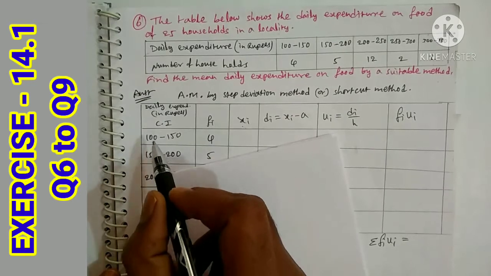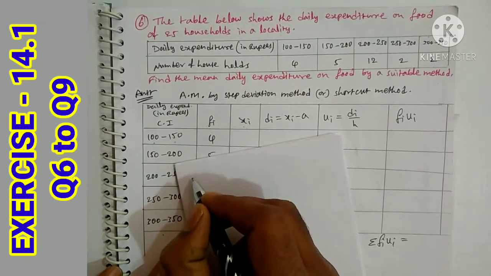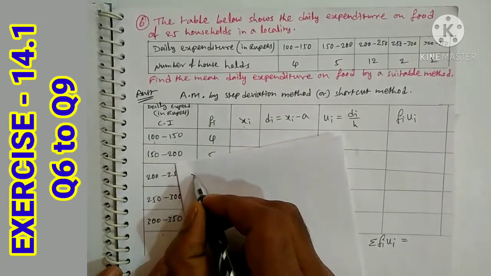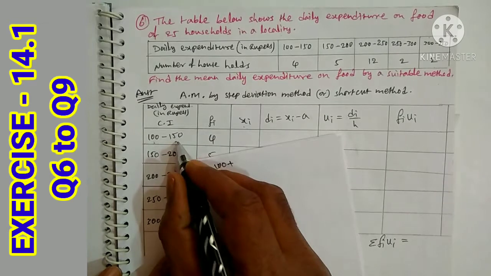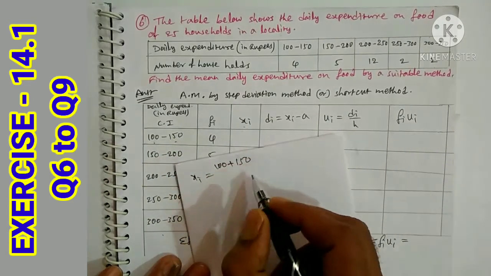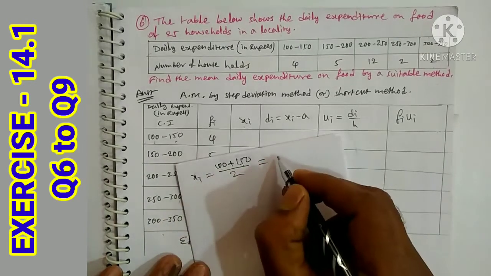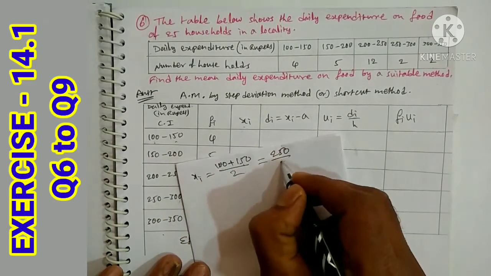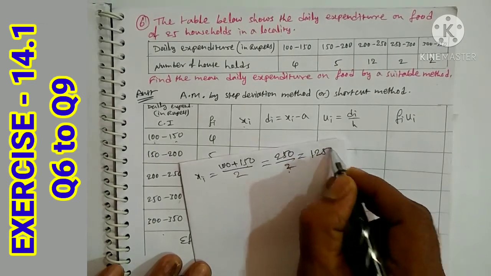Here the lower limit is 100 and the upper limit is 150. So xi is equal to 100, the lower limit, plus 150, the upper limit, divided by 2. That is 100 plus 150 is 250, divided by 2, which is 125.